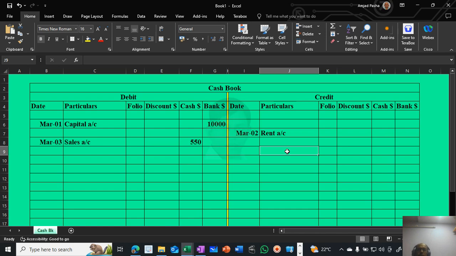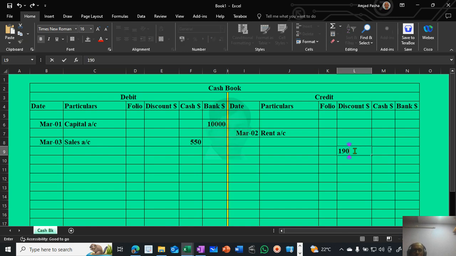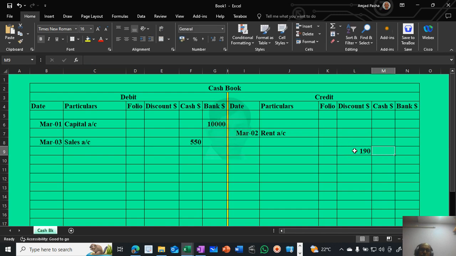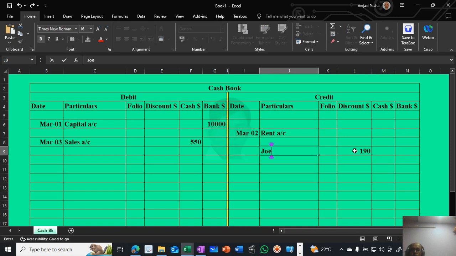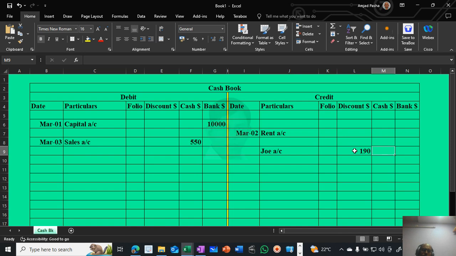190 is the discount. So you are paying Joe. Joe account. So 190 is the discount. So how much are you paying? 3610. 3610 you are paying.